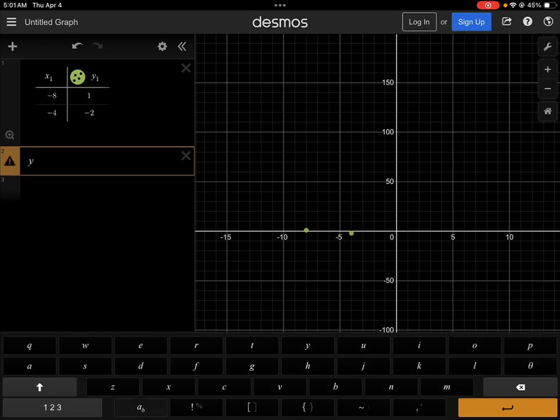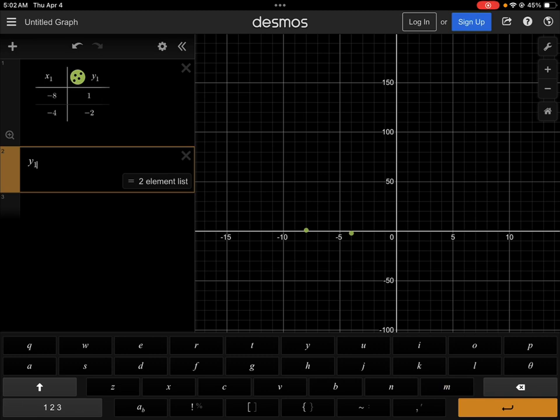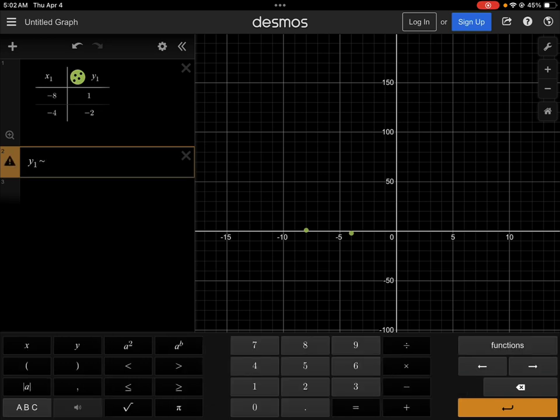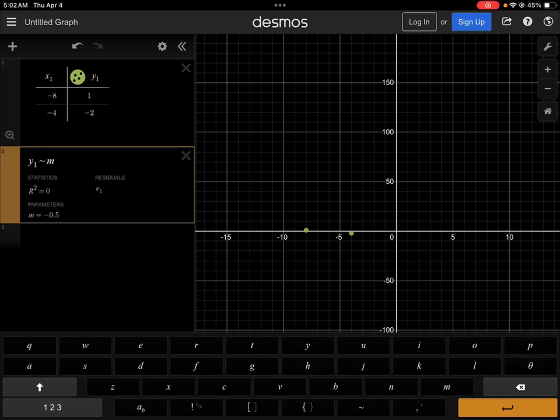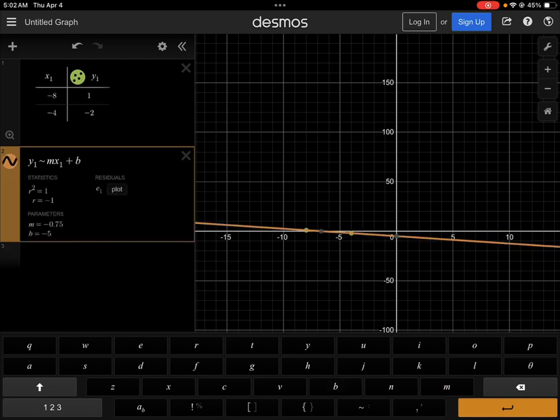So y subscript 1, squiggly, and then mx plus b, only it needs to be written as mx subscript 1 plus b. Okay, and that is going to give me the m and the b.